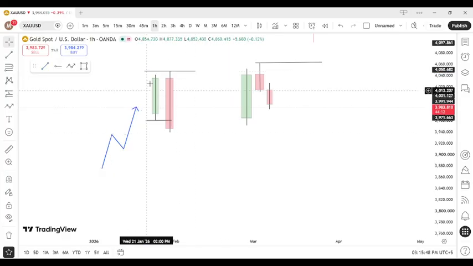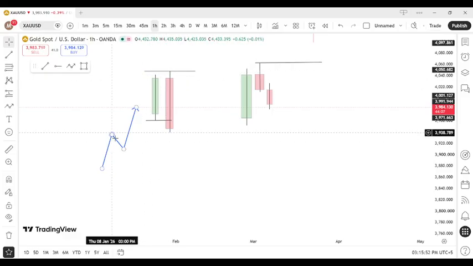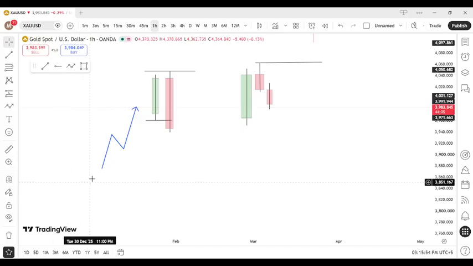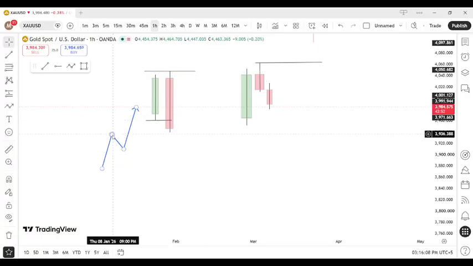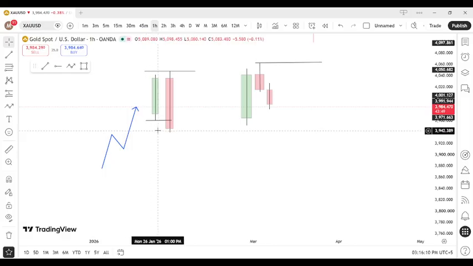In the candle, how will we find the high? If we are making green candles, and at the end we have a green candle, and the red candle breaks the low of the green candle, then the highest point is called the high, and we call this engulfing. The red candle engulfs the green candle.